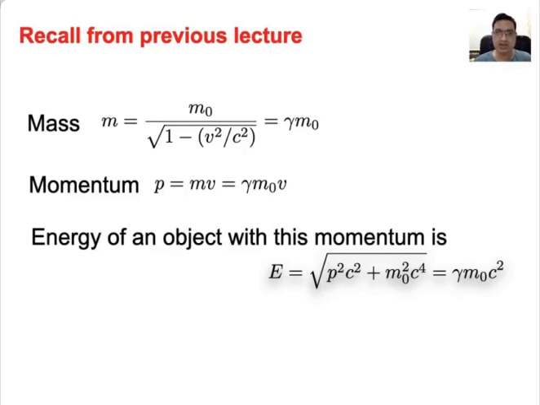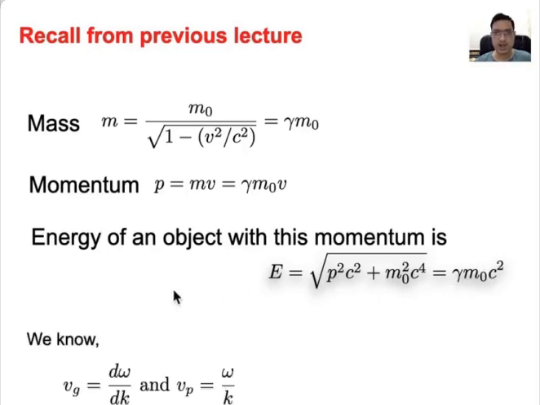Okay, so let's recap from the previous lecture what we have learned: the mass is written in terms of the rest mass m0 times gamma, where gamma is this prefactor, and the momentum is written in terms of gamma as m0 v. The total energy of an object with momentum p and rest mass m0 is written as E equal to the square root of p squared c squared plus m0 squared c to the power 4, which is equivalent to mc squared, or m is equal to gamma m0.